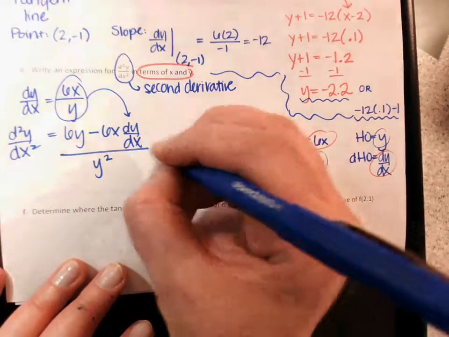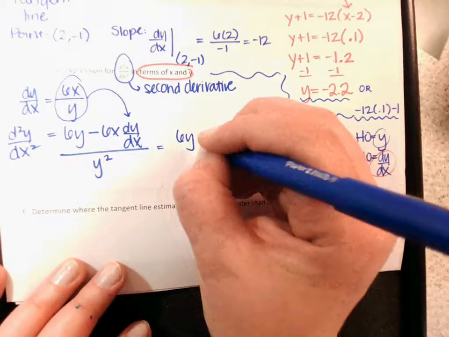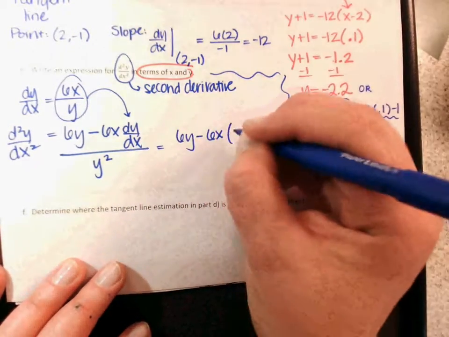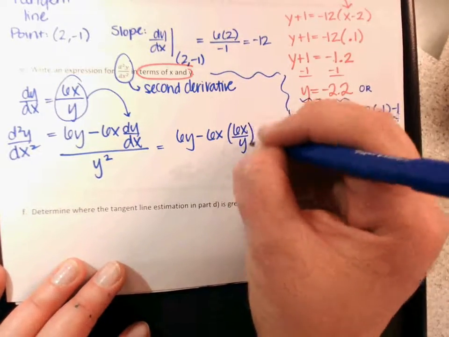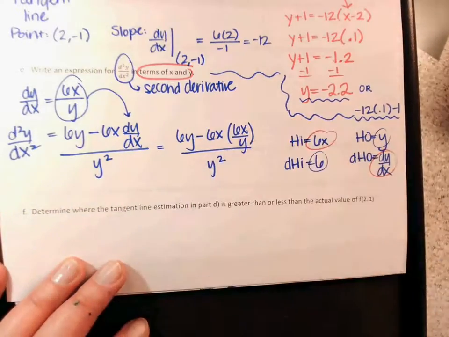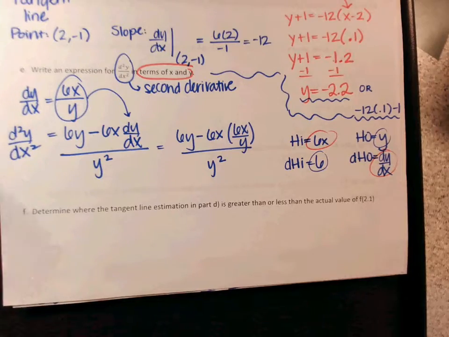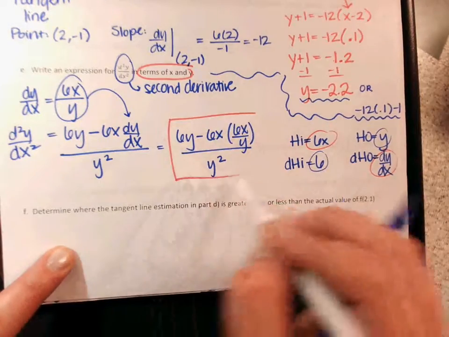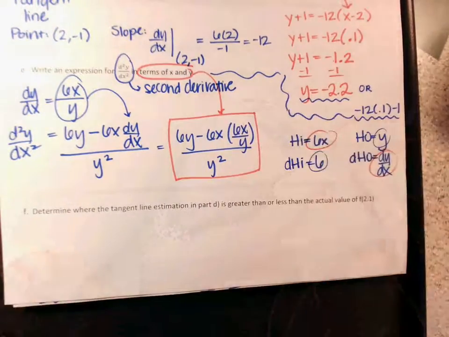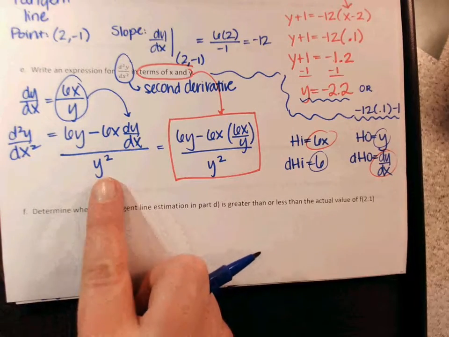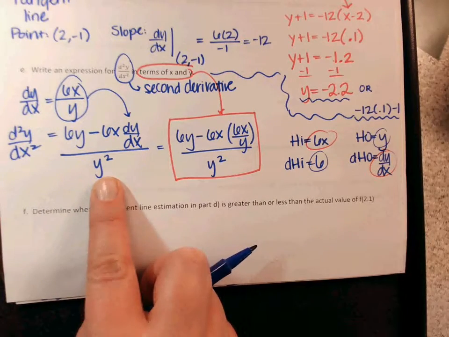So it would be 6y minus 6x times 6x over y, all over y squared. The difference is that this is in terms of x and y. This is not. You would still get partial credit, but you wouldn't get full credit.